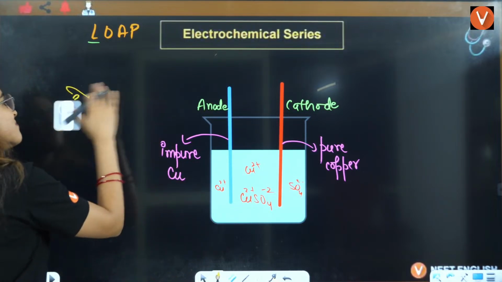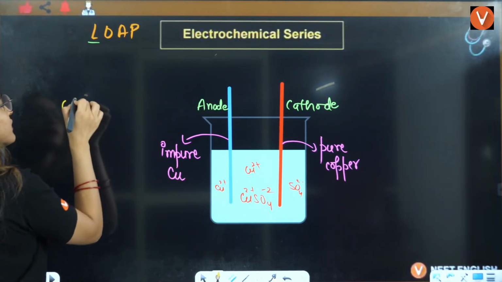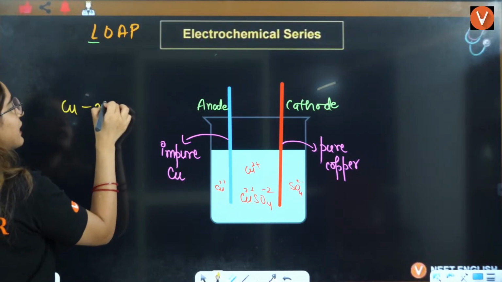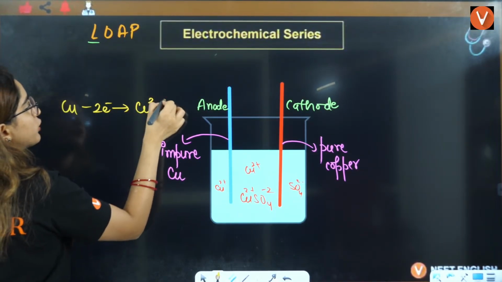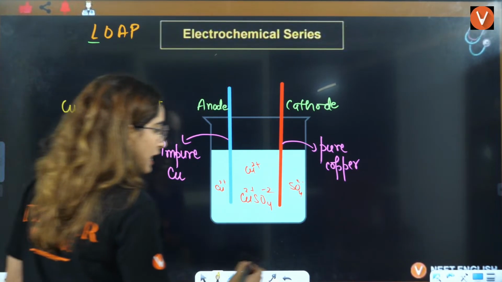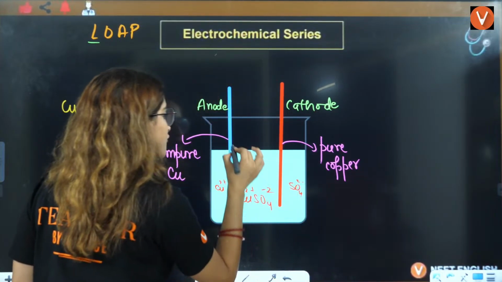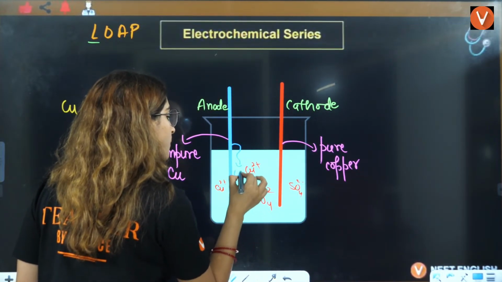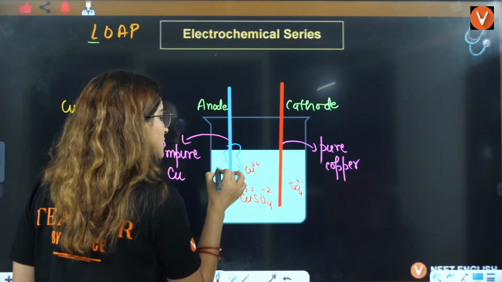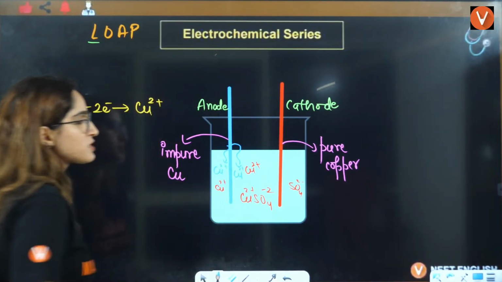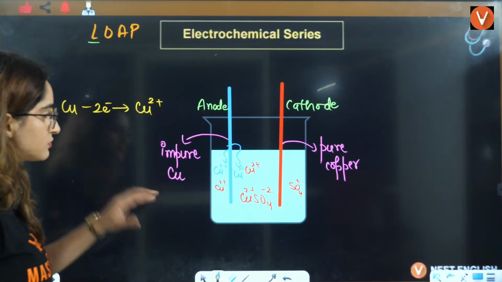So that simply means copper will lose the electrons and become Cu2+. Now, in the solution, you will have new Cu2+ ions.